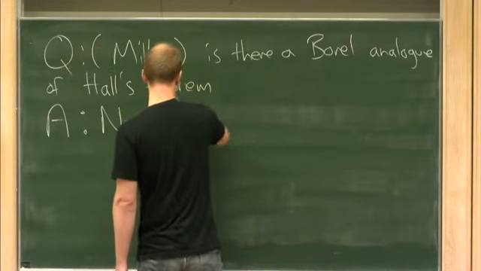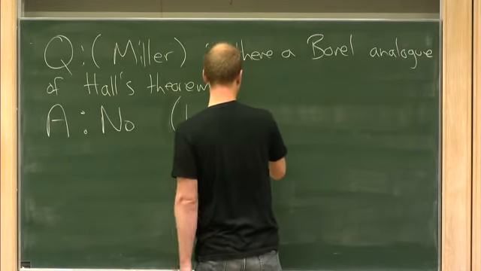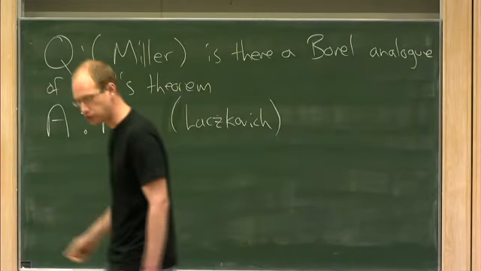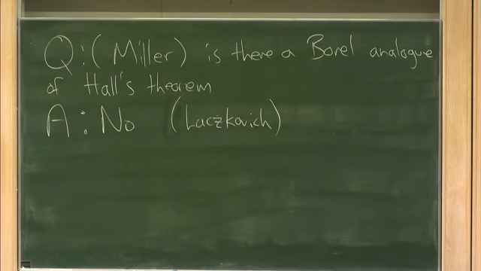So in fact, the first example in the literature is due to Laczkovich, and it's a very simple graph that gives a counterexample to the definable version of the statement.